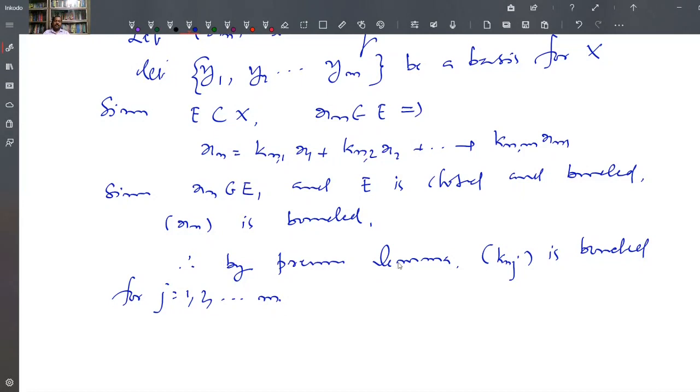Therefore by the Bolzano-Weierstrass theorem, for each knj has a convergent subsequence.